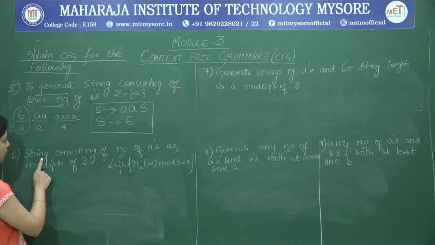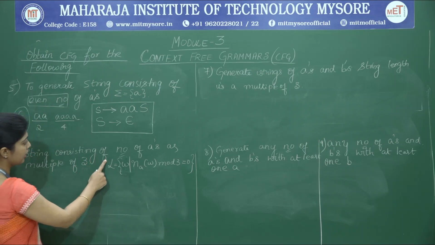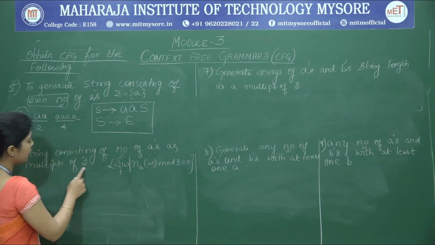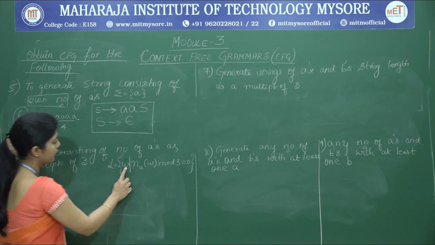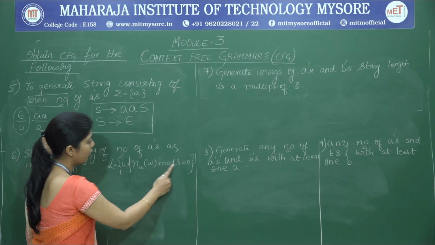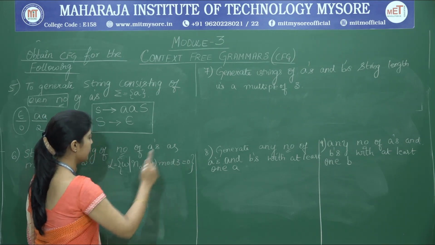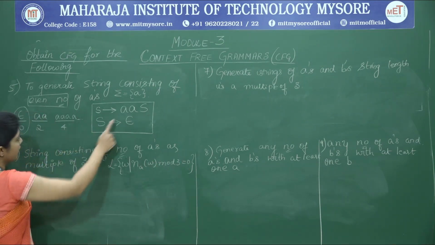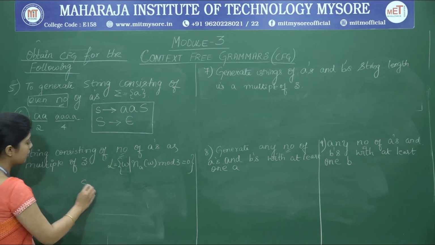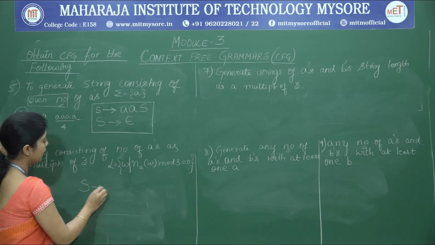The next problem statement is a string in which the number of A's is a multiple of 3. So when we take W, the number of A's in W mod 3 is equal to 0. This is similar to multiples of 2, so likewise we can imagine what a multiple of 3 is.